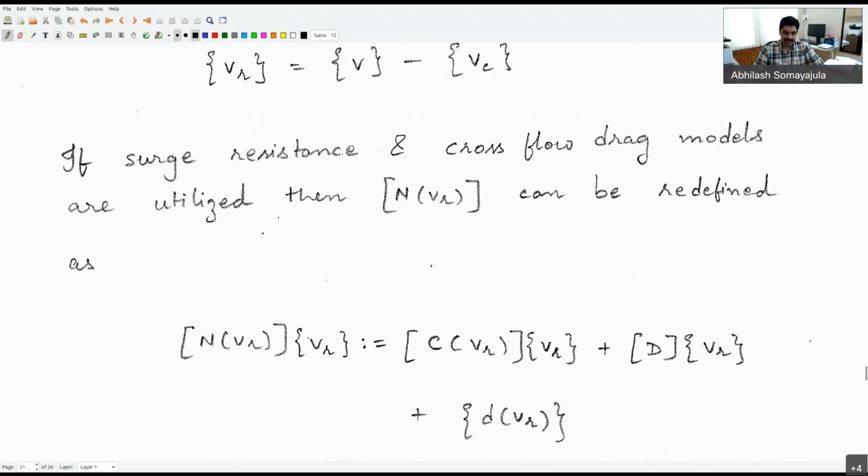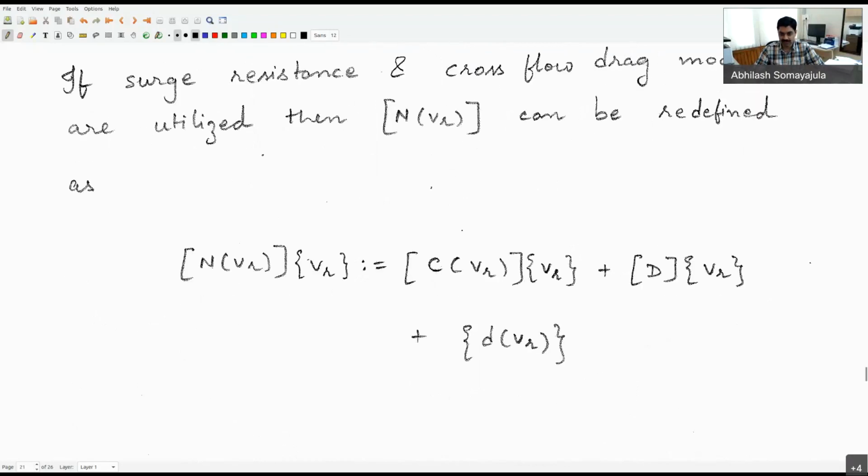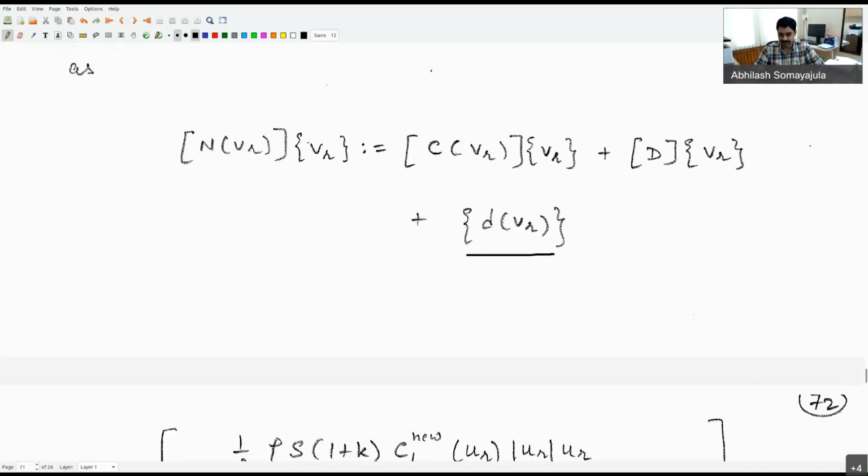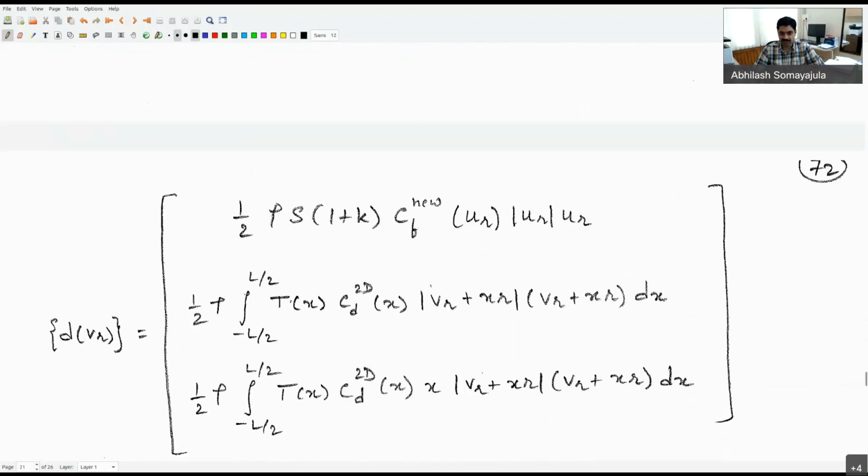Now, typically, if the surge resistance and cross flow drag models are utilized, then we can kind of bring in this nonlinear part here where we saw those things can be expressed in terms of their original coefficients. We had previously expressed them as X_|u|u times |u|u, but I can actually write out their entire form if I wanted to, but they are equivalent, right?